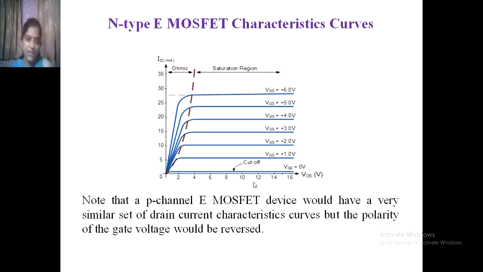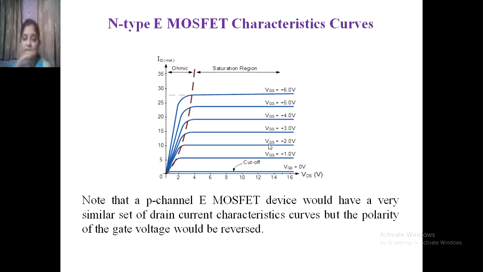This graph is for the N-type E-MOSFET, where VGS has a positive value, but if you plot for the P-channel E-MOSFET, then VGS gets reverse polarity, that is negative.